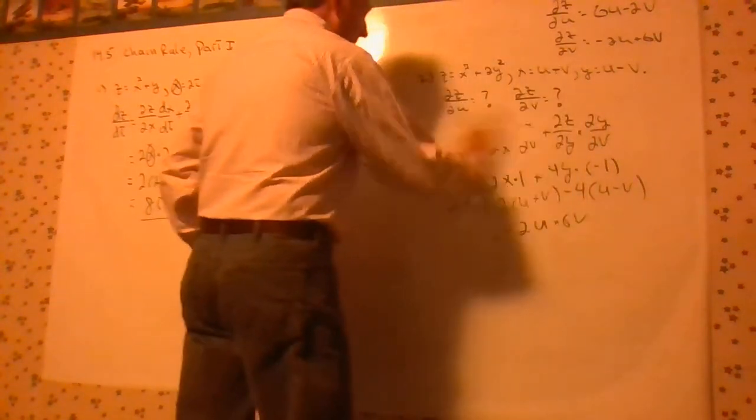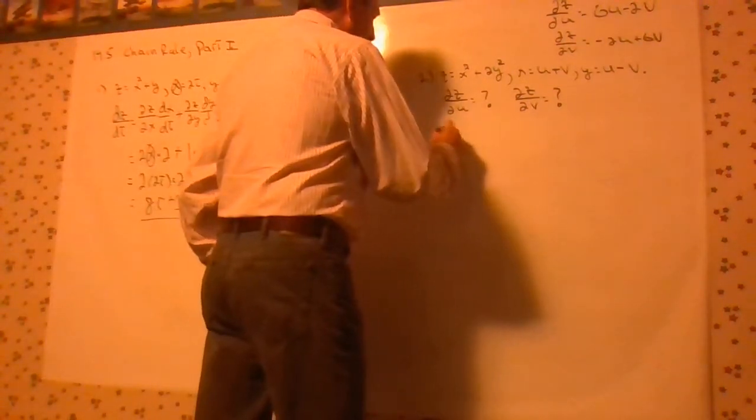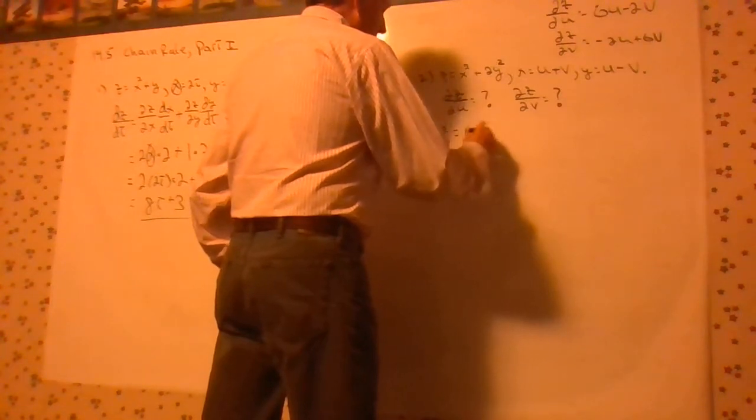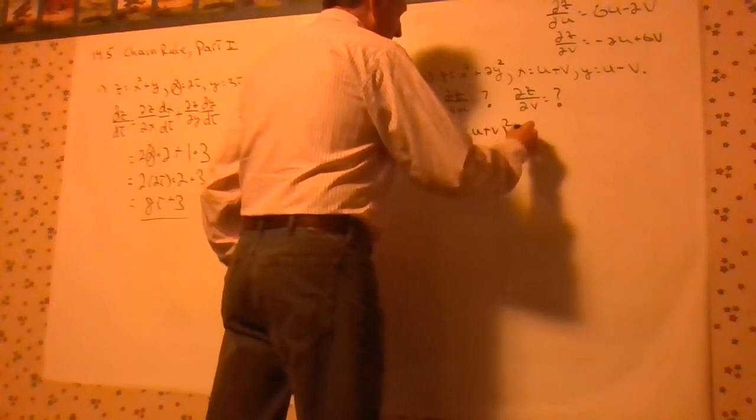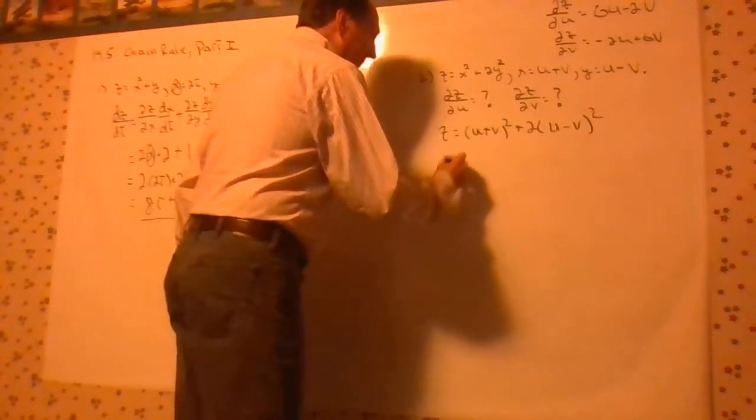Okay, that's a couple partial derivatives. Like before, we can always use direct substitution in this case. So z is going to be u plus v squared plus 2 times u minus v squared. And we can FOIL that out.